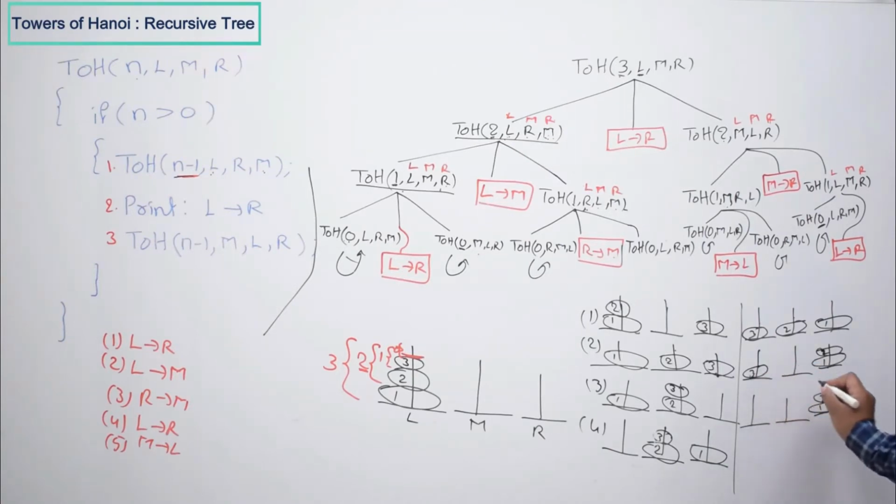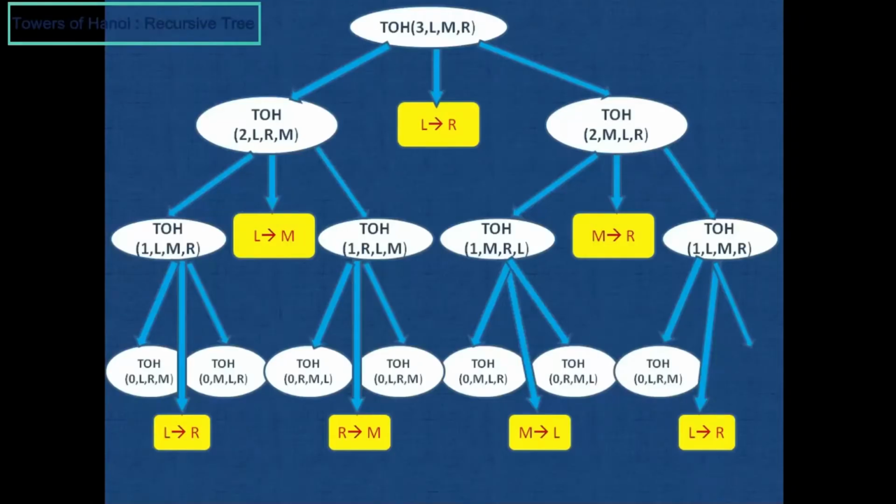Now the third disk you have to shift to this R tower. Okay, so that is what happened here, that is what the diagram is reflecting. So now this is completed, so go to the final step, that is towers of Hanoi, 0, then 0, M, L, R.